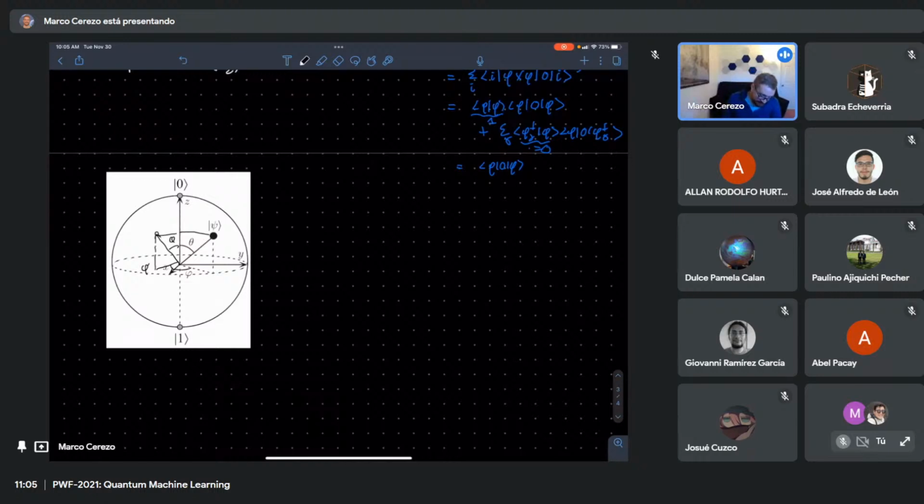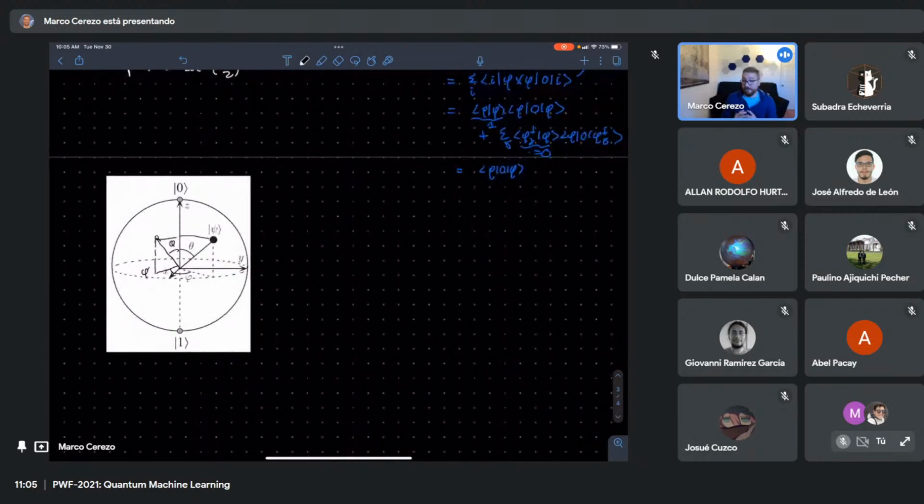So this is telling me that states that live in the top hemisphere have a higher probability of being on zero, and states that live in the bottom hemisphere have a higher probability of being on one. This very dumb intuition is going to be extremely important. I'm going to write this here.